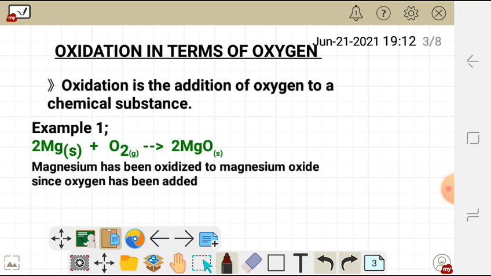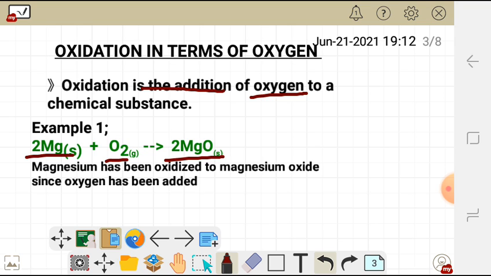Oxidation in terms of oxygen is the addition of oxygen to a chemical substance. For example, magnesium reacts with oxygen to form magnesium oxide.